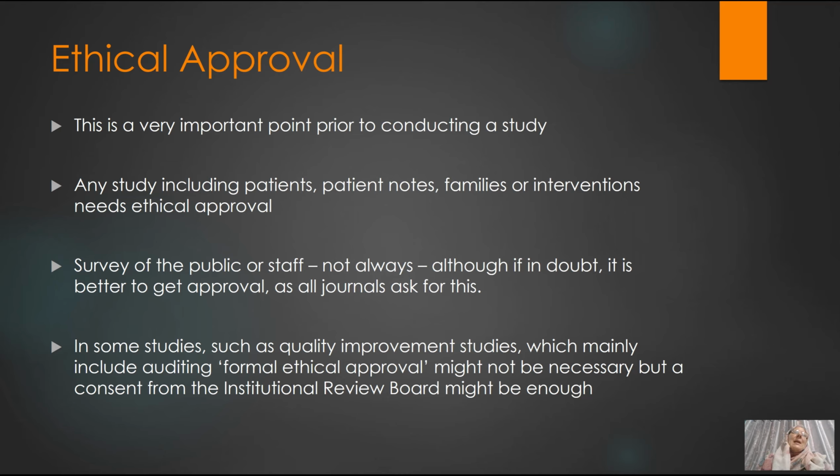If you state you have got ethical approval, you have to add the name of the review board and the ethics committee that gave the approval, and you should give the number that was given to you with the approval.